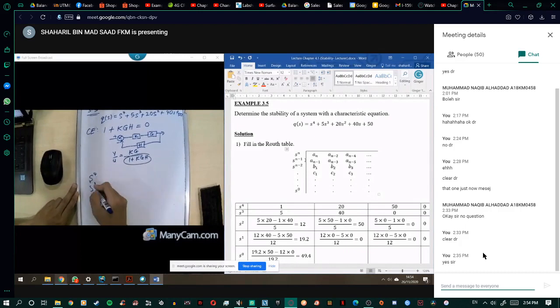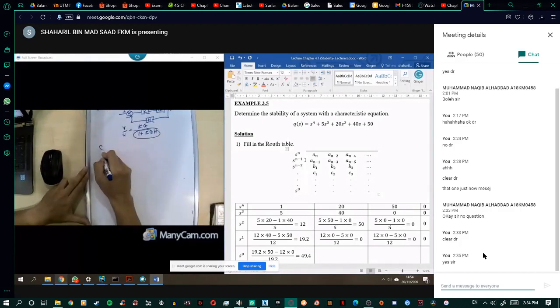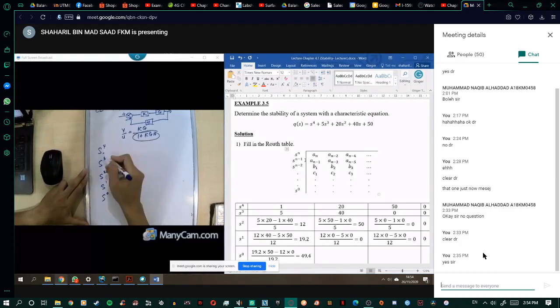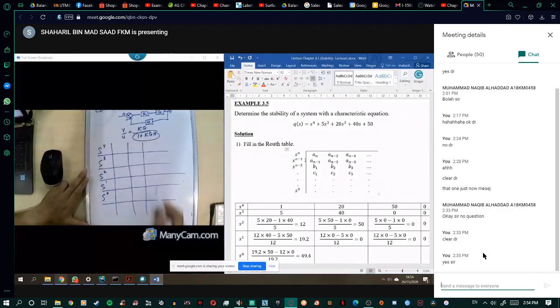Then you make a table there. How to draw it? I make it larger. The same size, right? Now you make this table: 1, 2, 3, 4.